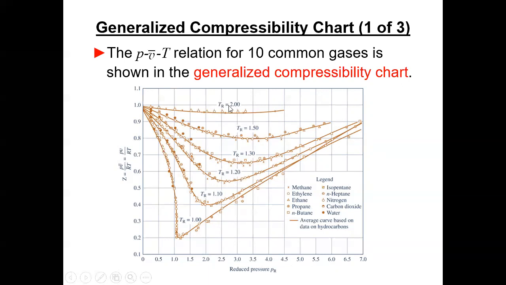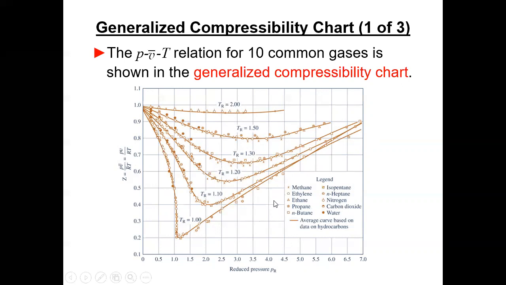And so you see, down here at TR equals 1, this bottom curve, that's the critical temperature. And in general, that's pretty high, okay? And then it goes all the way up to reduced temperature of 2, or twice the critical temperature.